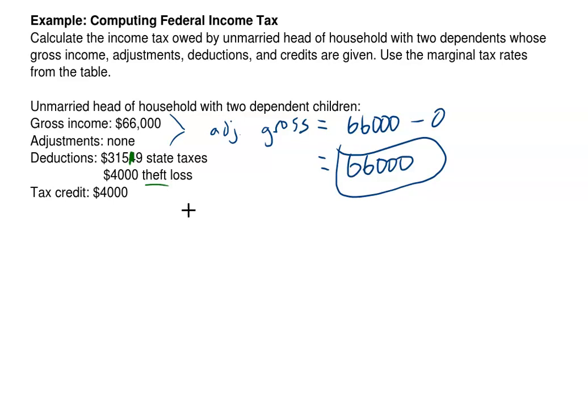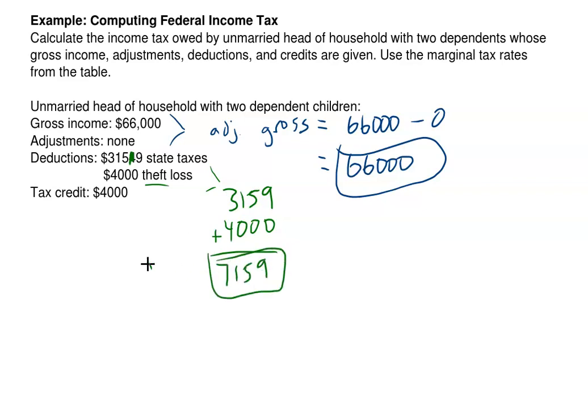And then a theft loss. So I assume that's tax deductible. Interestingly enough, I didn't know that. I've never had to claim something like that, thankfully. All right, and so we'll add those together. We get $7,159. Again, this would be our itemized deduction, which is better than the standard deduction, which hasn't changed.